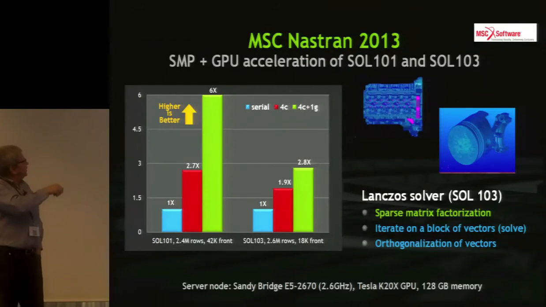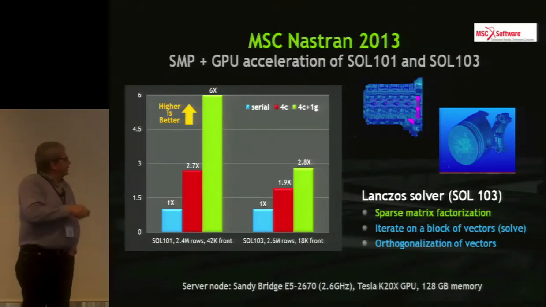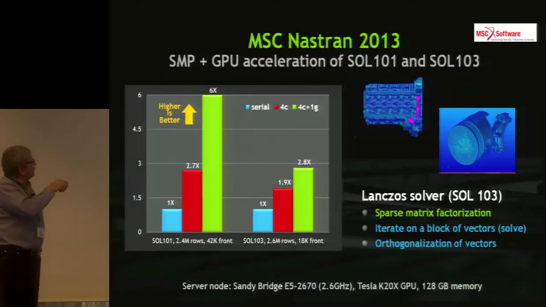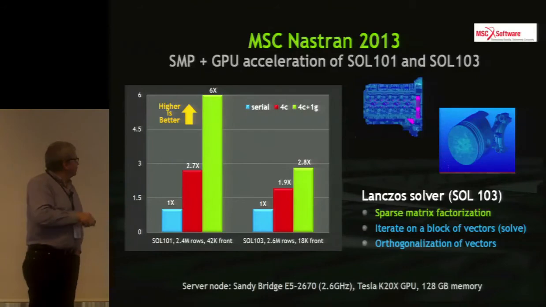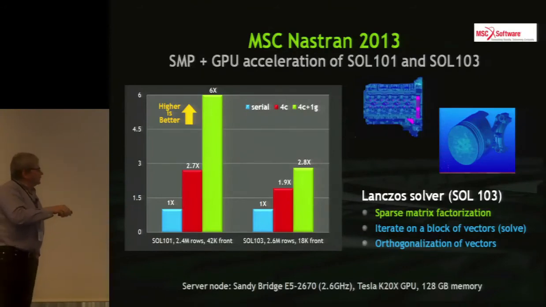You get a speed up of 6 when you compare the serial run with a 4-core run plus GPU, or more or less you double the speed up when you compare the 4-core run with the 4-core run plus 1 GPU. That's a Tesla K20X GPU in this case. A similar picture here with another solution, 103.